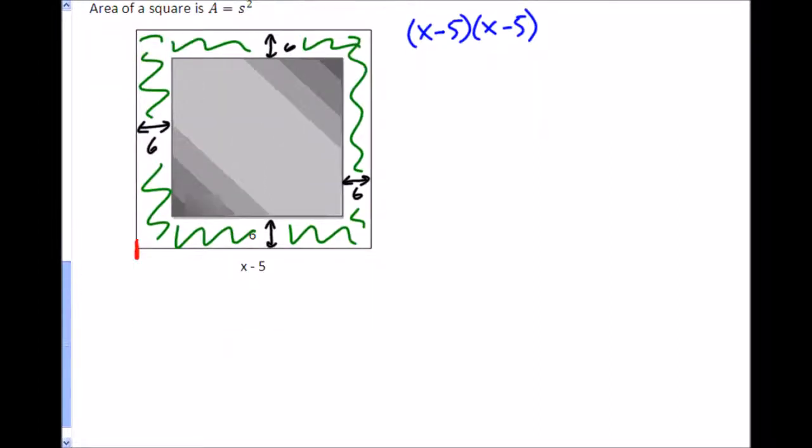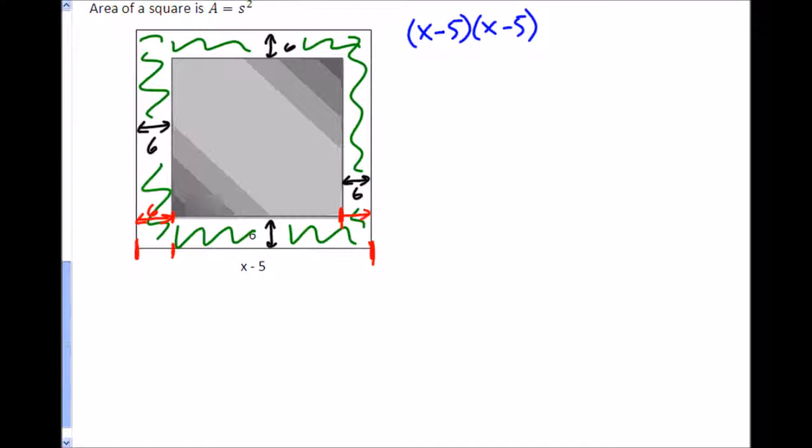The distance from here to here is x minus 5. So how does that relate to the distance from here to here? Well, the distance of this smaller square from edge to edge is 12 inches shorter than the distance from the outside, because this is 6 inches right here, so it's 6 inches shorter on this end.